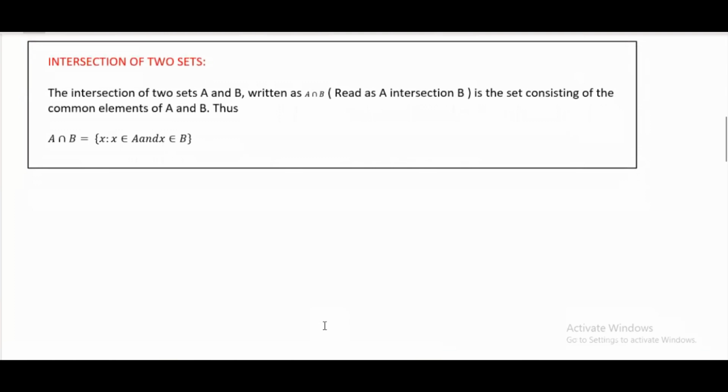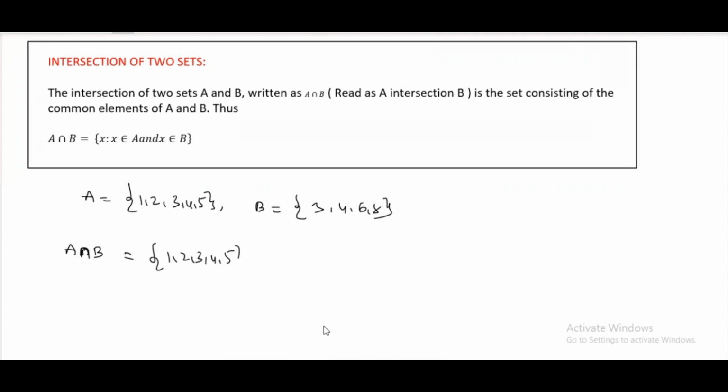Next, intersection of two sets. What is meant by intersection of two sets? It is nothing but the common elements present in both the sets. So if I take set A as 1, 2, 3, 4, 5 and set B as 3, 4, 6, 8, intersection is denoted with the symbol that is the reverse of U. We call it A intersection B. So what are the common elements present in both? 3, 4 are the common elements.